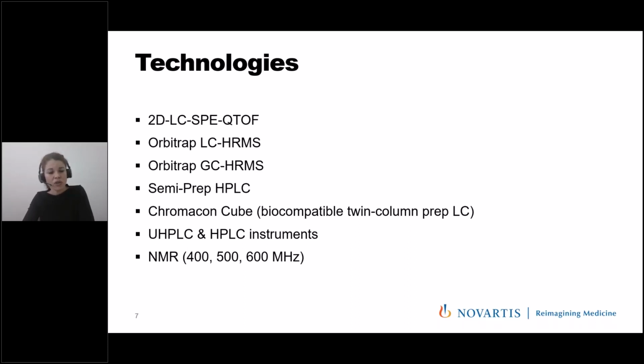We are also introducing the Chromacon Cube prep LC, which is a biocompatible twin column prep LC for the purification and isolation of impurities, mainly in peptides and oligonucleotides projects, and of course several UHPLC and HPLC instruments, as well as access to several NMR instruments together with our research colleagues up to 600 megahertz.